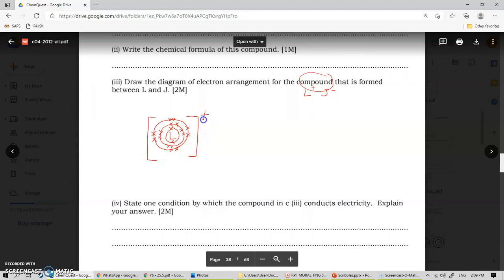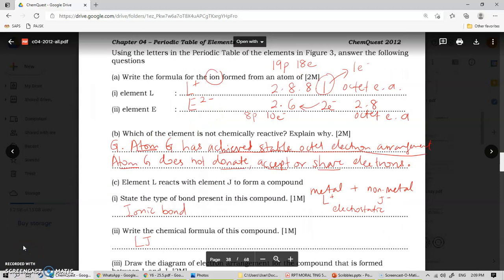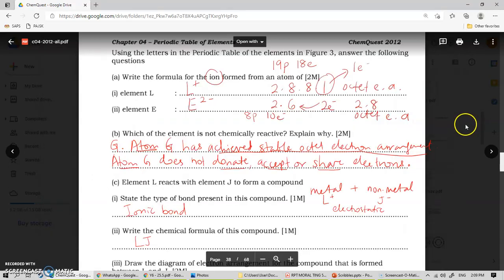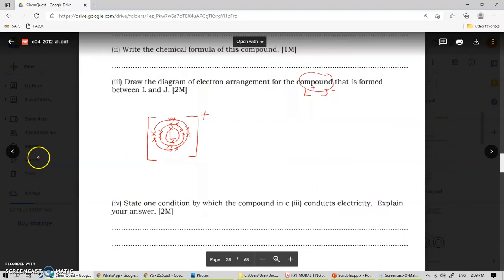Okay, and J, where is J? J is in period 3, so it has 3 shells filled with electrons. Let's draw the 3 shells. The first shell has 2 electrons. The second shell has 8 electrons.